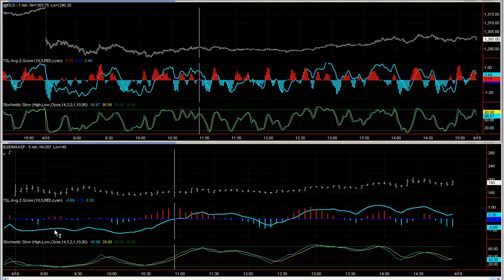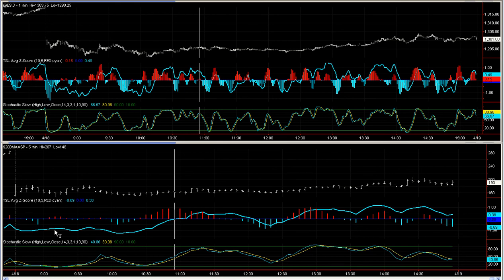So you could combine, say, the 1-minute chart on the ES with a 5-minute chart on both a 10-day moving average and a 20-day moving average. You could take it up to a 50-day moving average, even a 200-day moving average, and apply the same rules.